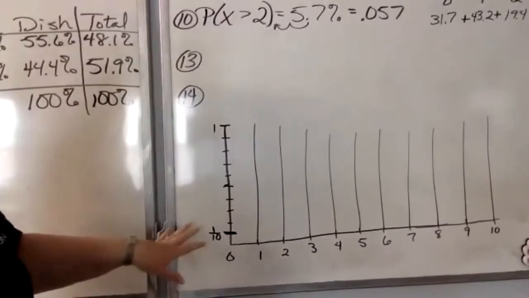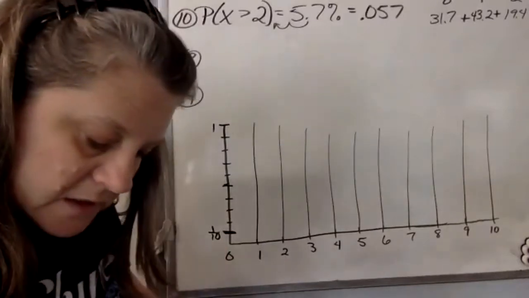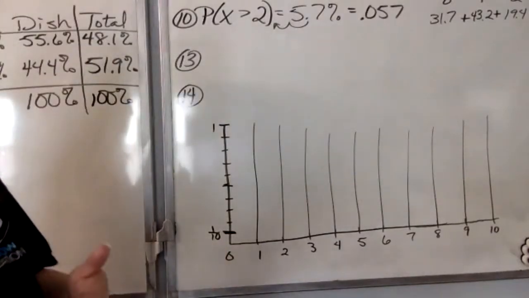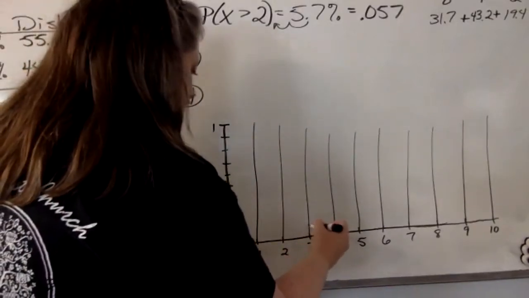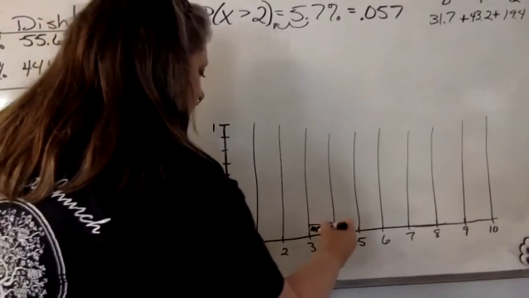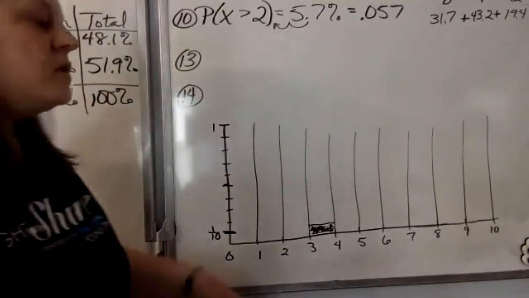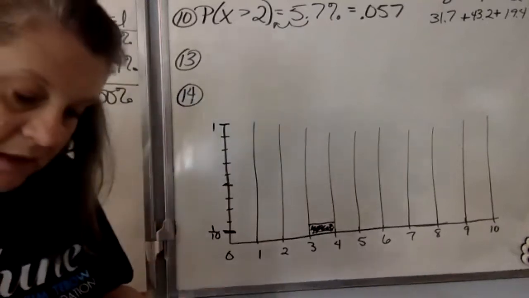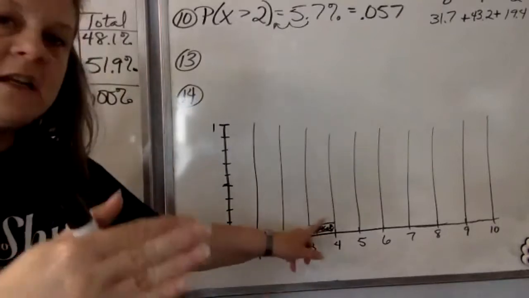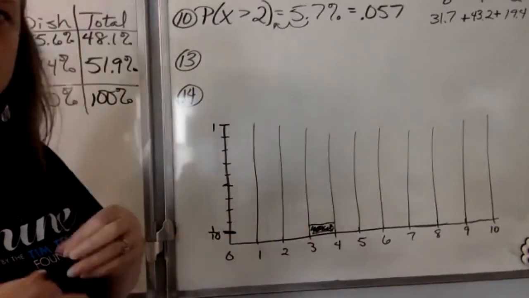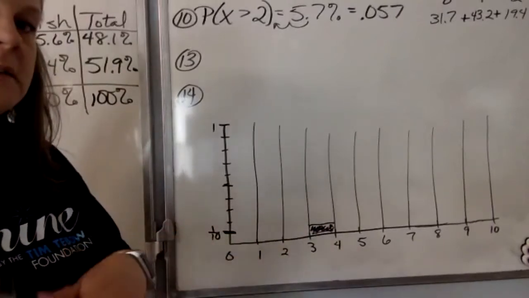That's the chance I have since each section is equal. Now, for number 13, it says, what is the probability that the spinner stops between 3 and 4? So here's 3, here's 4. If it stops between 3 and 4, it would be in that section right there, right? So to find our probability for that, you're finding the area of that little section. That little section is what shape? A rectangle. To find the area of a rectangle, you take its length times its width.